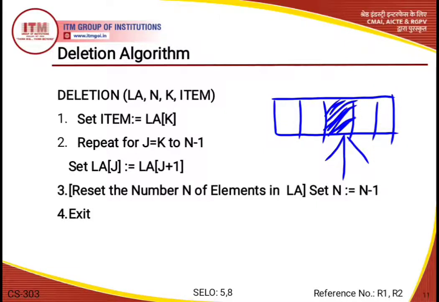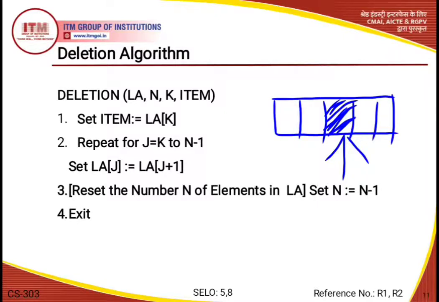So the simple meaning is that the last position is 4 and the total number of elements is 5. So here we have to find out the actual position and the number of elements. For this purpose we set LA[J] equals LA[J plus 1]. That means we are deleting the item which is available at the Jth position.